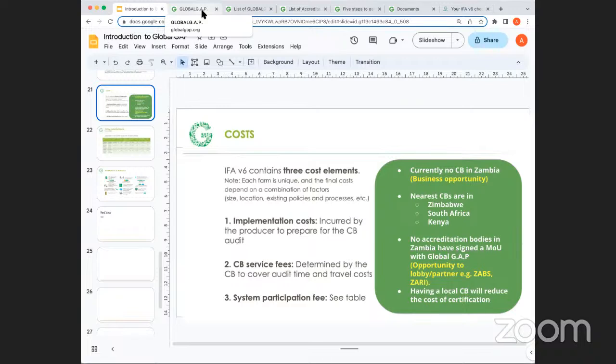That way, if I have to set up that business in Zambia, I don't have to go to Zimbabwe to register with that body. I could just register with an accreditation body that's in Zambia. So two things there: opportunity at the individual level for you, and then a lobbying or partnering opportunity to have discussions with the likes of our Bureau of Standards or ZARI.